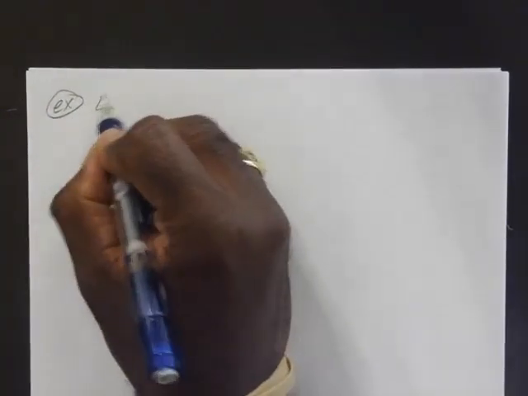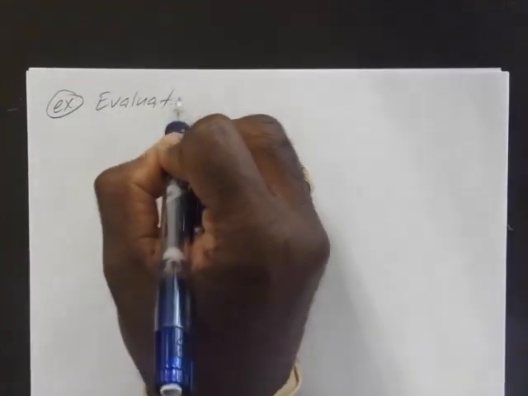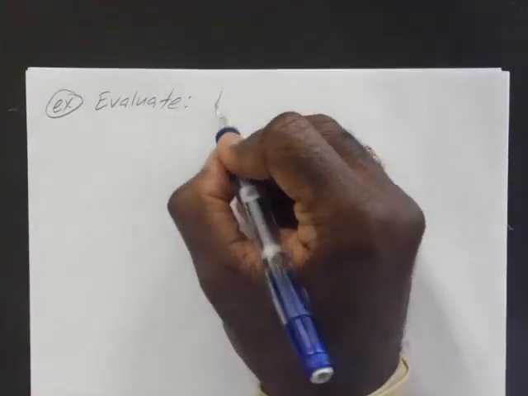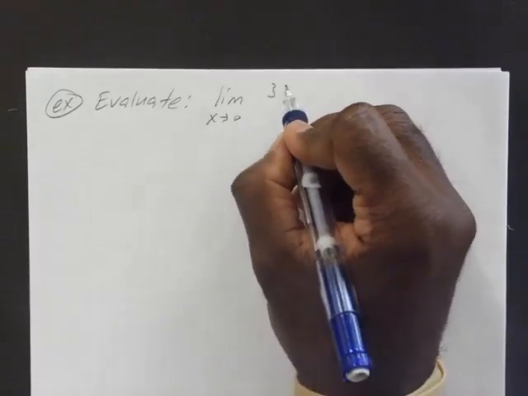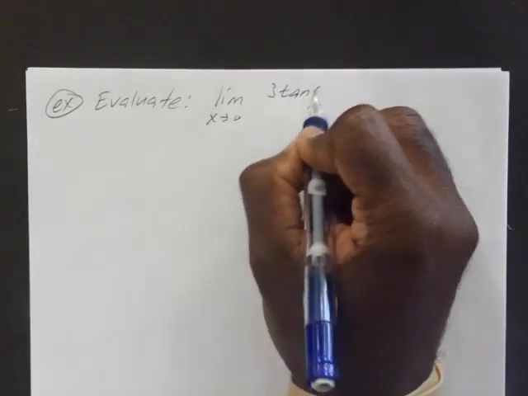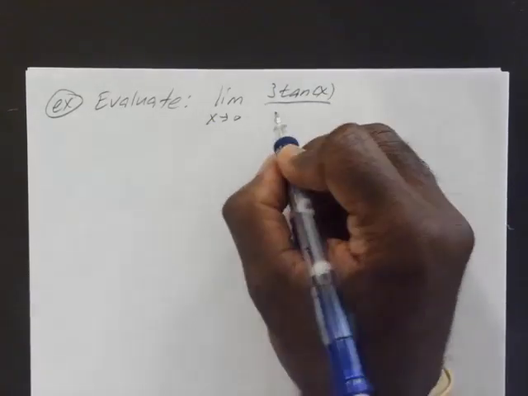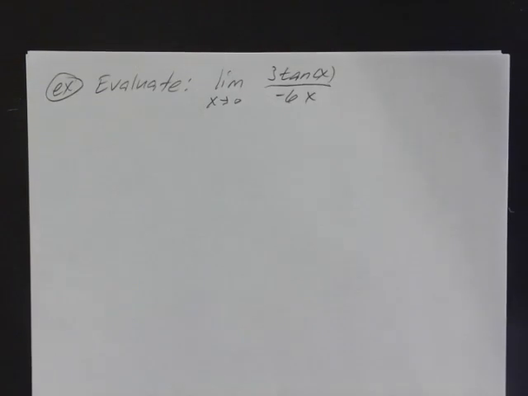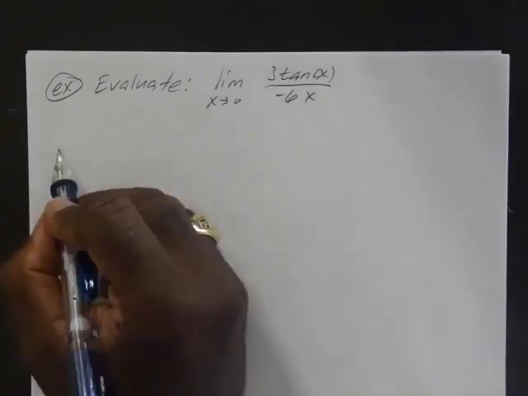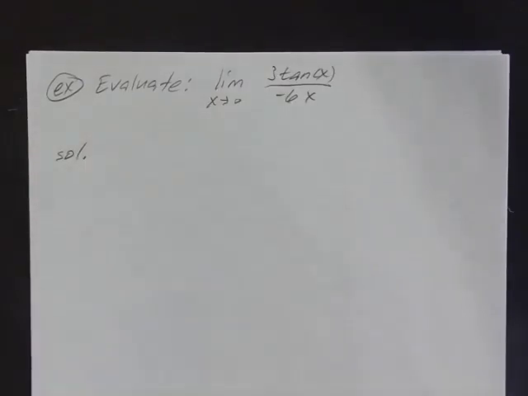So what if we wanted to evaluate the limit as x approaches 0 of 3 times tangent of x divided by negative 6x. Okay, so first thing we want to do is we want to get rid of that tangent.